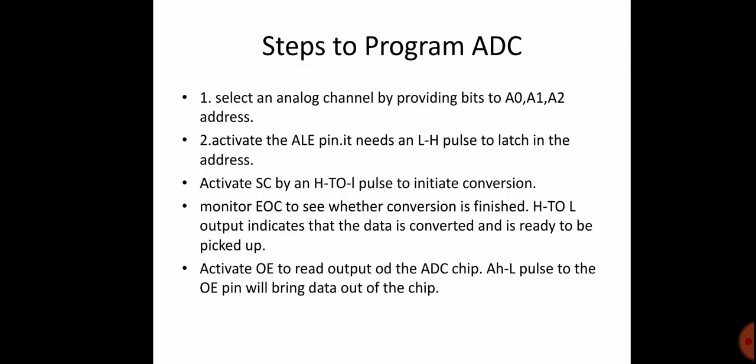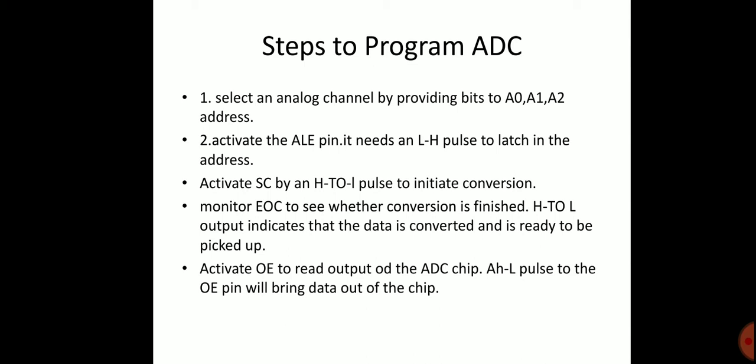What are the steps to program the ADC? Step 1: select an analog channel by providing the address bits A0 to A2, and activate the ALE pin. It needs a low to high pulse to latch in the address. Activate the SC pin with a high to low pulse to initiate the conversion.